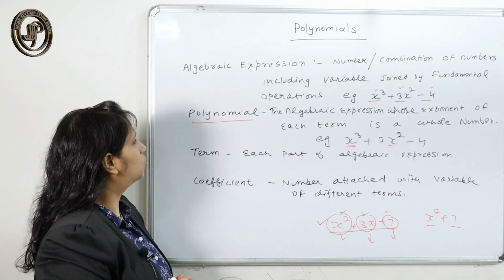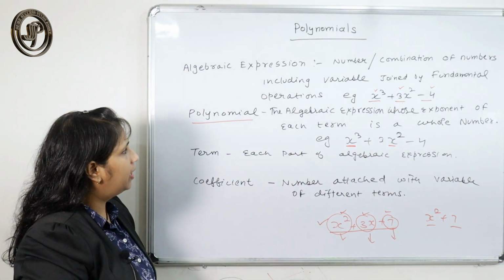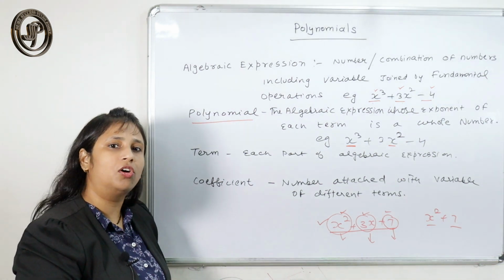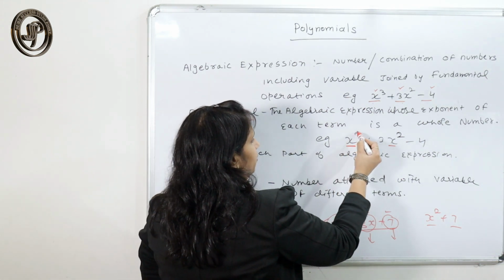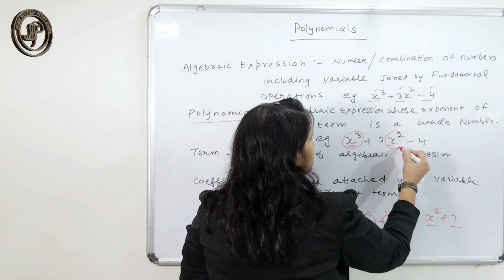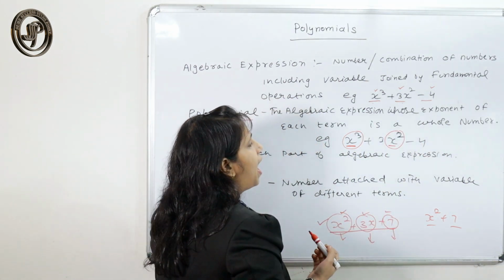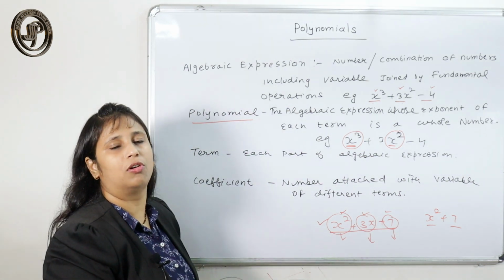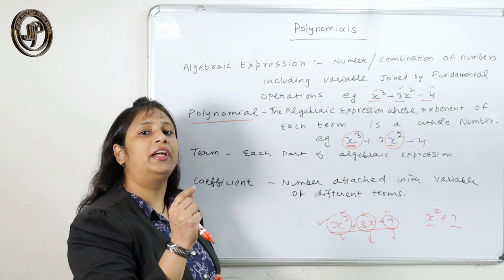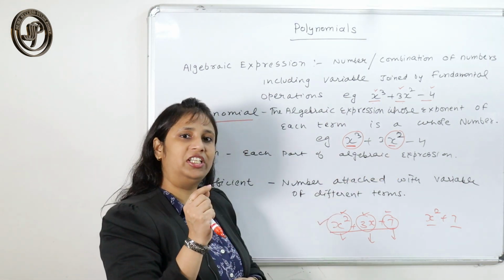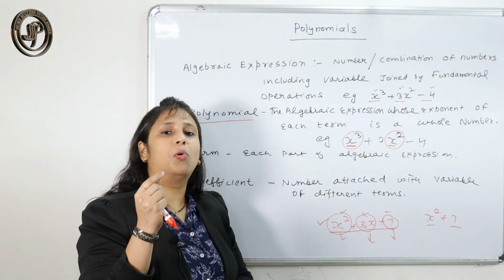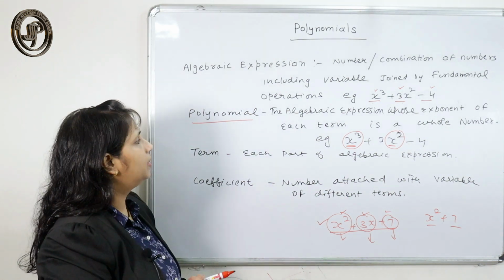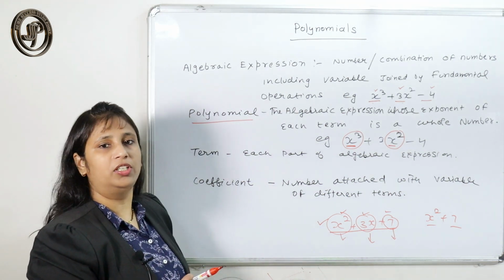An algebraic expression is called a polynomial if you see each term and the exponent of each term is a whole number, meaning the exponents of each term are 0, 1, 2, 3 and so on. That is what is called a whole number, then it is called a polynomial.